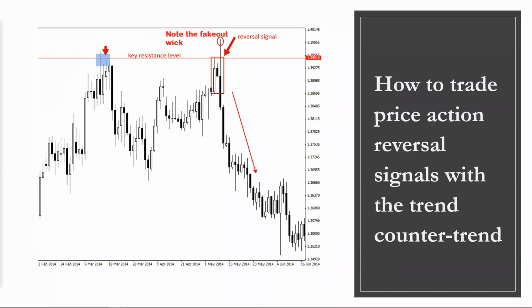Let's take a look at some other ones. In this chart, we see an example of a counter trend reversal sell signal with a fake out wick that formed at a key chart level. You can see that. Okay, big fake out wick and forming at a resistance level. Note the similarities between this price action reversal signal and the previous pin bar reversal. Both had obvious false breaks of a key daily chart level.